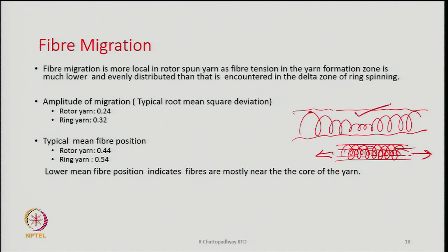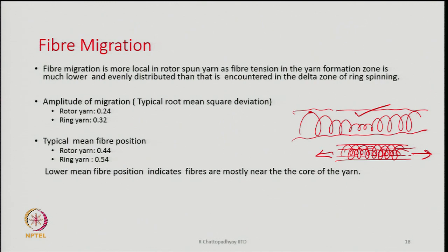What we need is something like this, and in simple terms this is what migration is. We study migration of ring spun yarn, rotor spun yarn and many other yarns, because it is the migration that actually holds the fibers together, and we call it the interlock structure of spun yarn. For filament yarn we do not need migration; fibers will migrate there also if we put twist, but we do not need migration in order to hold the fibers together so that strength can be imparted.